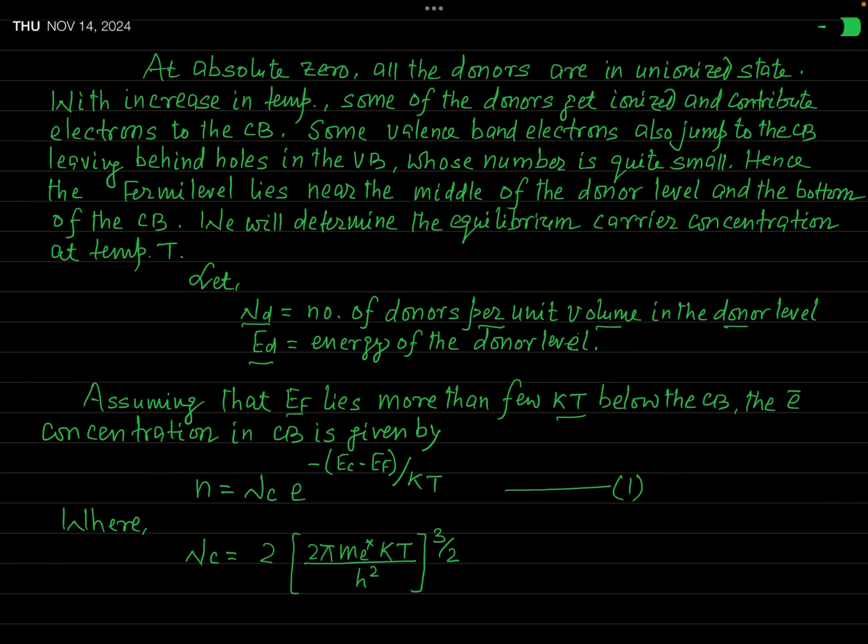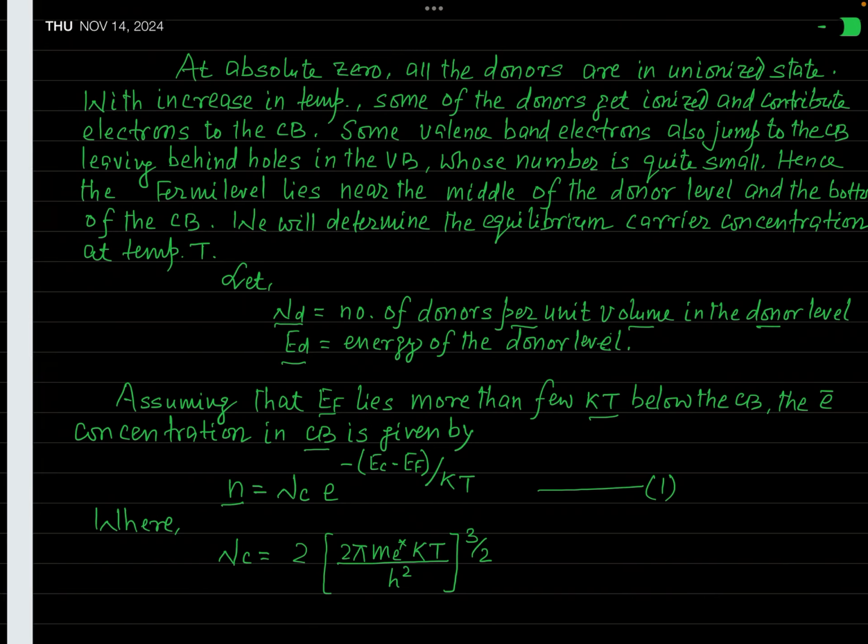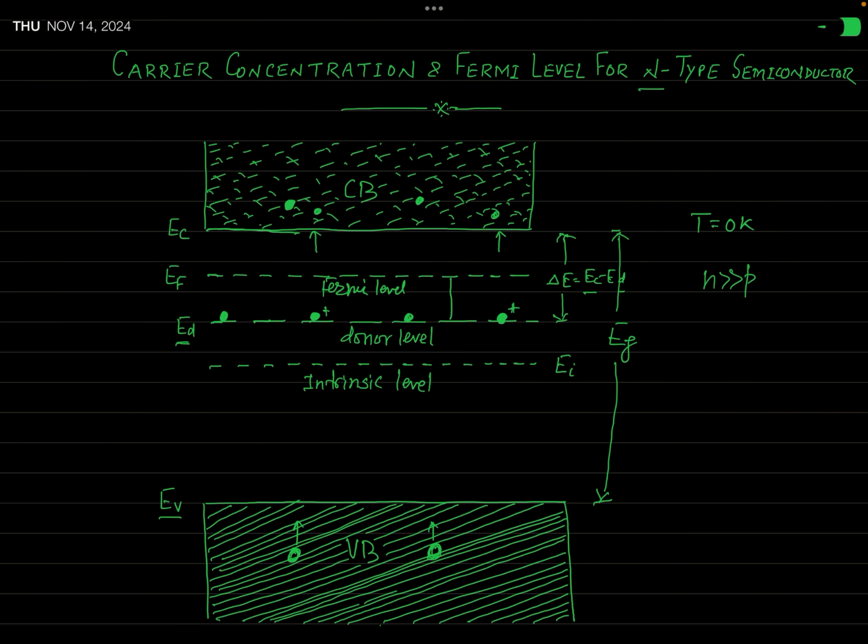As we have assumed that the Fermi level EF lies more than a few kT below the conduction band, the electron concentration in the conduction band can be given by the same result which we learnt in the calculation of carrier concentration in an intrinsic semiconductor. Most probably the electrons moving from the donor level and from the valence band will be just at the edge of the conduction band.